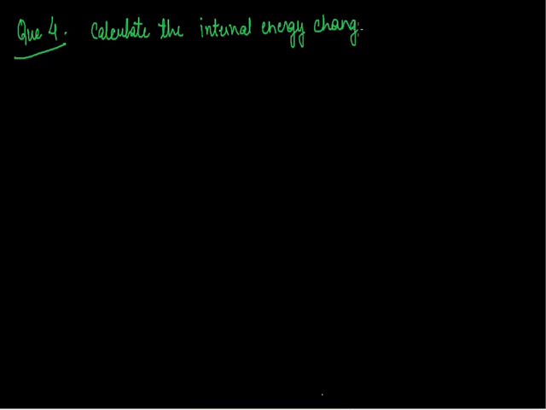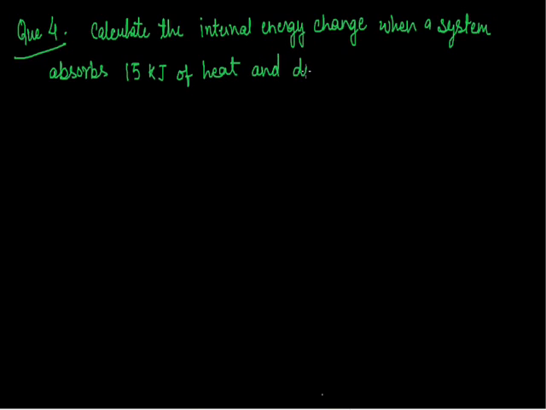The question number 4 is, calculate the internal energy change when a system absorbs 15 kilojoule of heat and does 5 kilojoule of work.